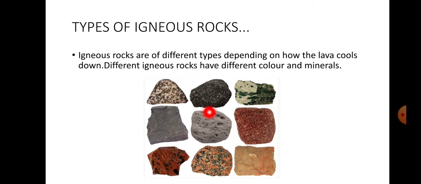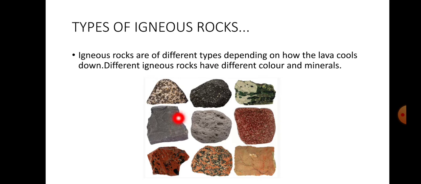Now we will see the different types of igneous rocks and how they are formed. Igneous rocks are of different types depending on how the lava cools down. Sometimes the lava that comes out on the earth's surface cools down immediately. Sometimes it takes a little time to cool.